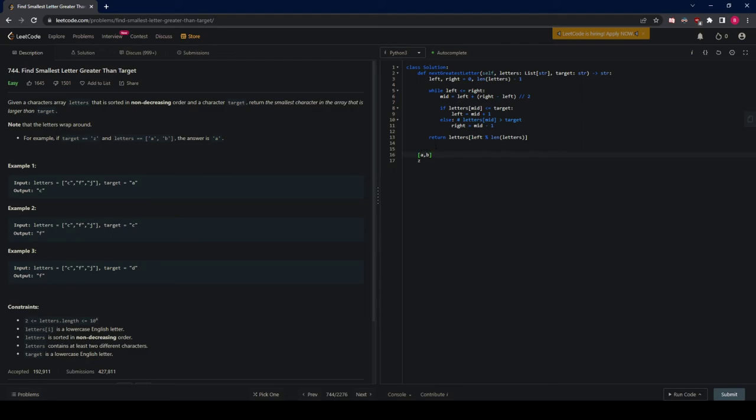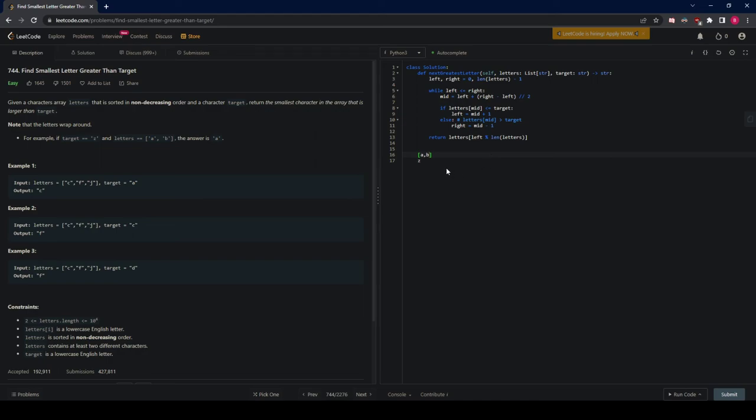Because left and right were 0 and 1, so we'll look at 0. Now we look at 1. B is also less than, so then we move left over, right? So left is now 2, right is still 1, right?